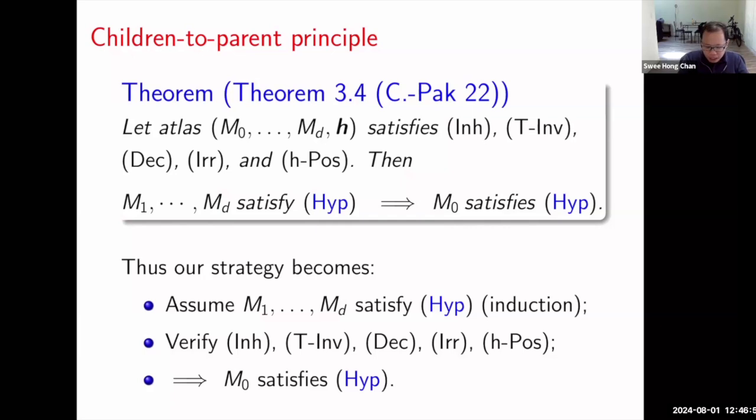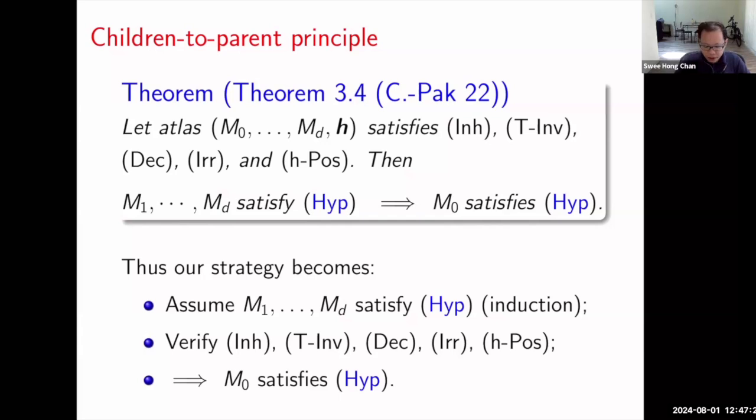Then from the simpler case, you put all of the simpler matrices to be the children. Then these simpler matrices will, by the children to parent principle, tell you the parent will have this property, then the grandparent gets it, then the grandparent gets it, until everybody in the family tree got the hyperbolic property. That becomes our strategy to prove the Forest matrix theorem.